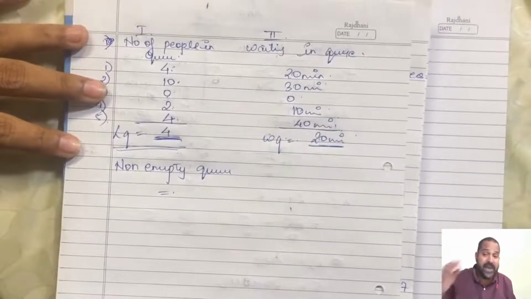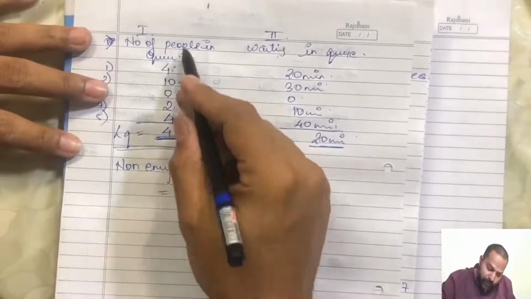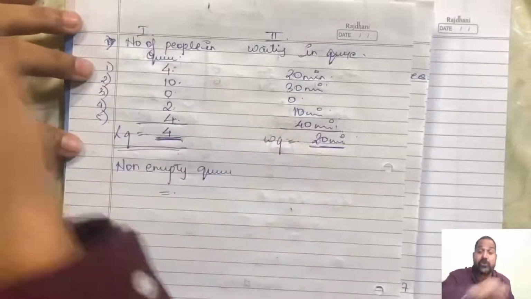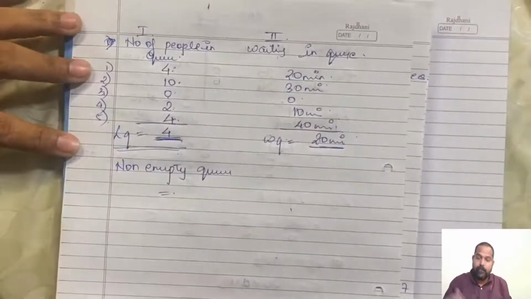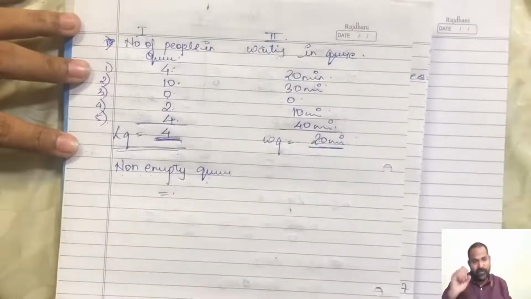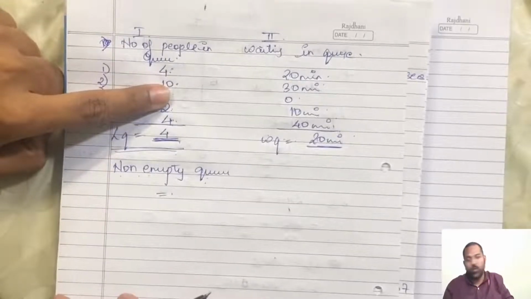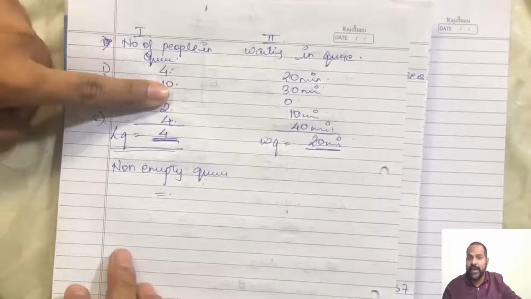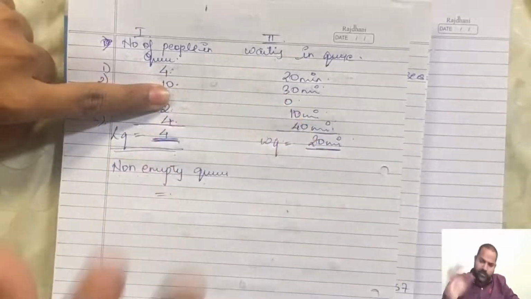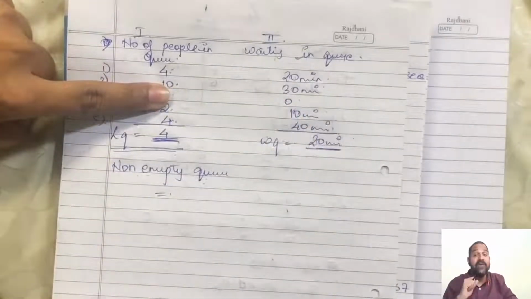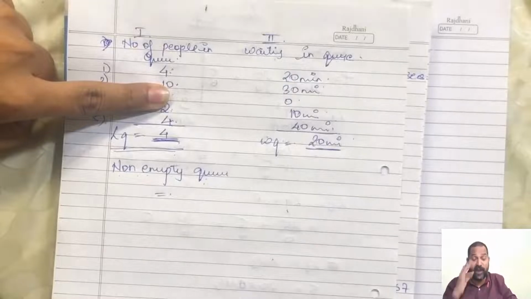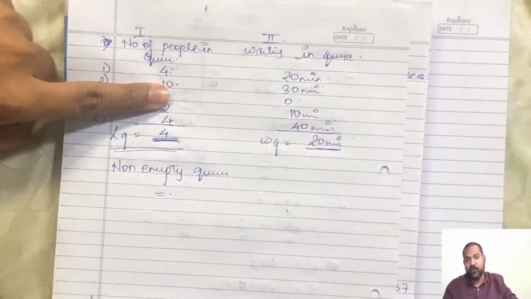So if you ask me average length of a queue, I'm going to take a total of everything and divide it amongst all 5 people. But if you ask me non-empty queue, where I'm going to say there was once when the queue was empty, don't consider that. So if you are going to take an average, add the total, which is still going to be 20, but don't divide it amongst 5 people, divide only amongst 4.